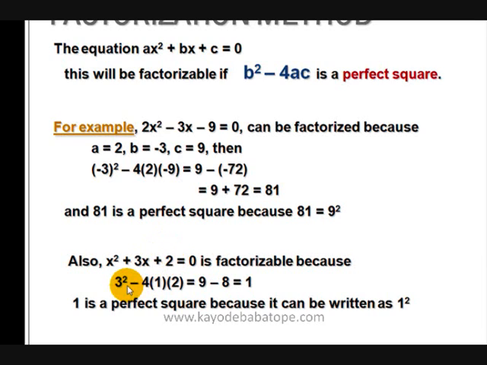So b squared is 3 squared minus 4 times a times c. That gives us 9 minus 8, which equals 1. Take note that the square root of 1 is 1. Therefore, 1 is a perfect square. And so, this expression can be solved using the factorization method.